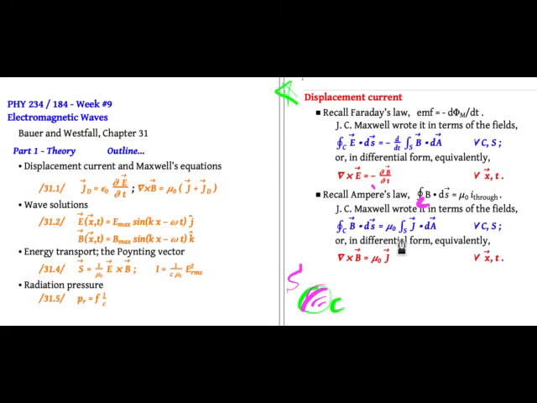Well, in the same way, the flux of the current going through the area gives us, in the partial differential equation, the current per unit area.